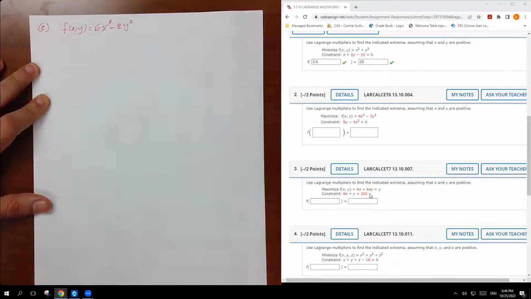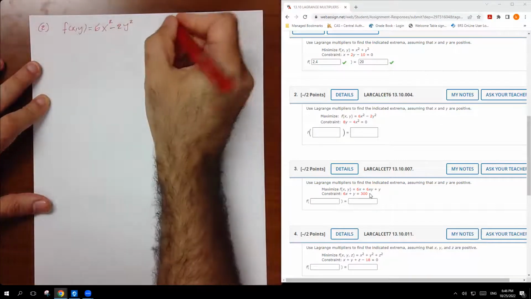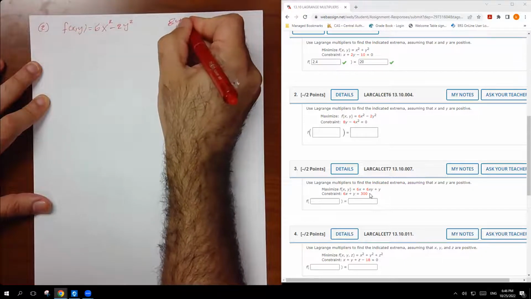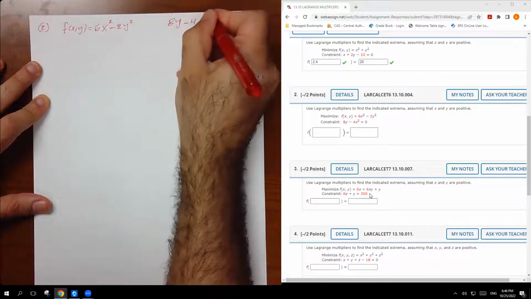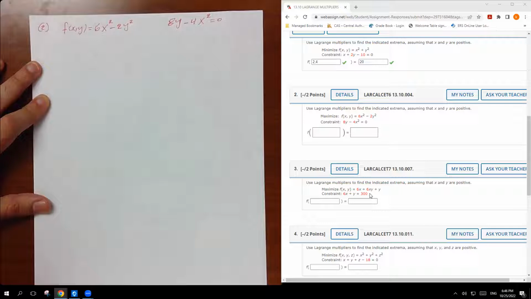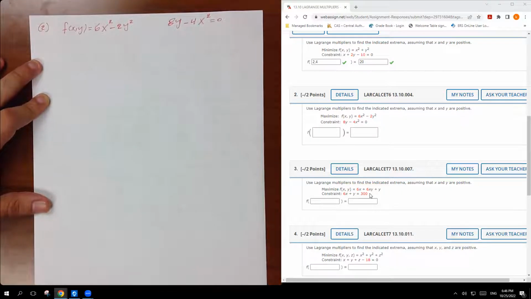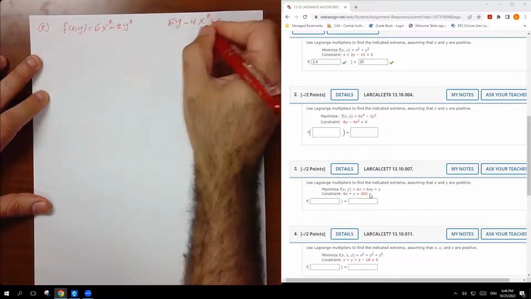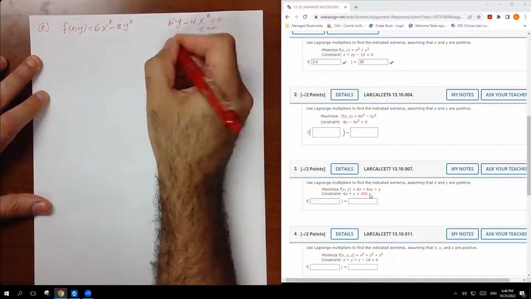And our constraint is 8y minus 4x squared equals 0. Minus, 8y minus 4x squared. Yes, that's right. That means our constant here is 0.